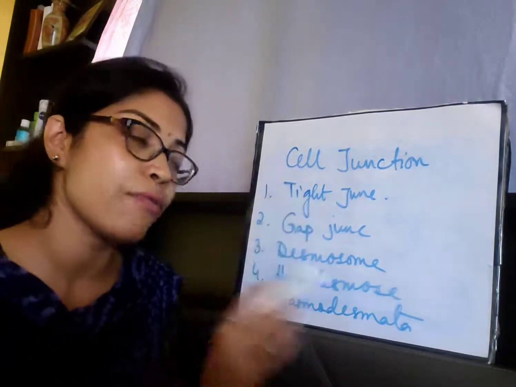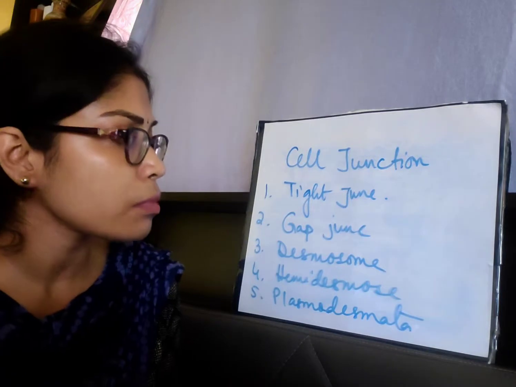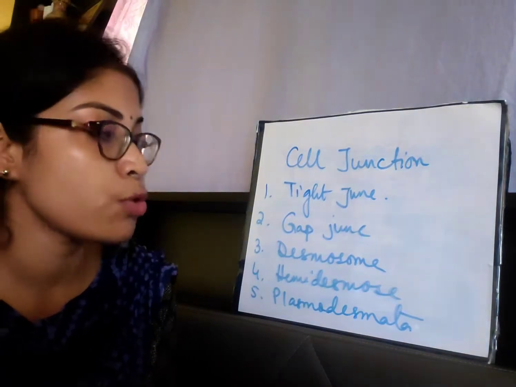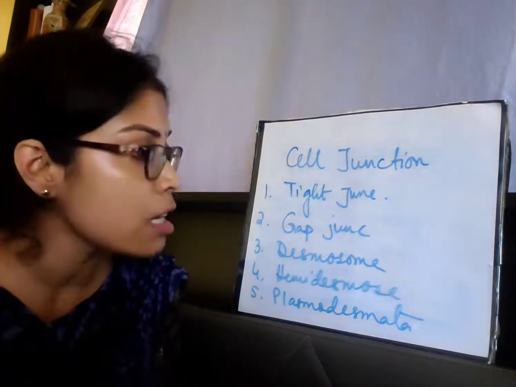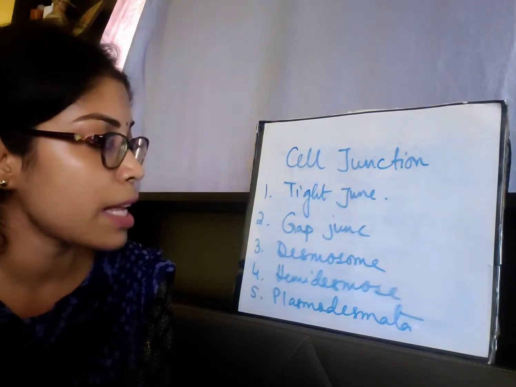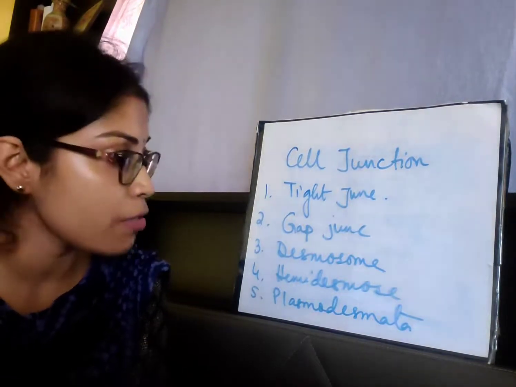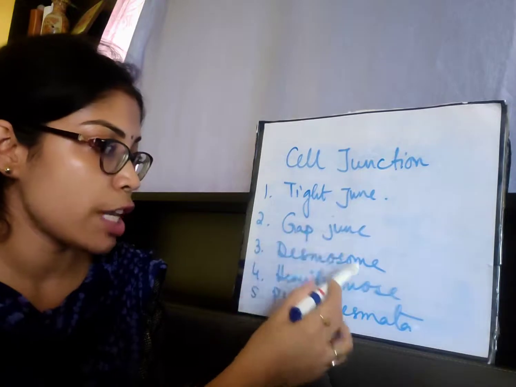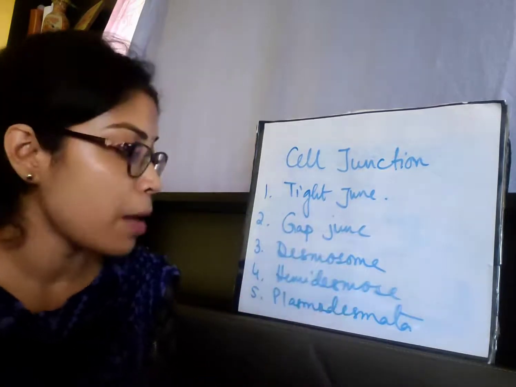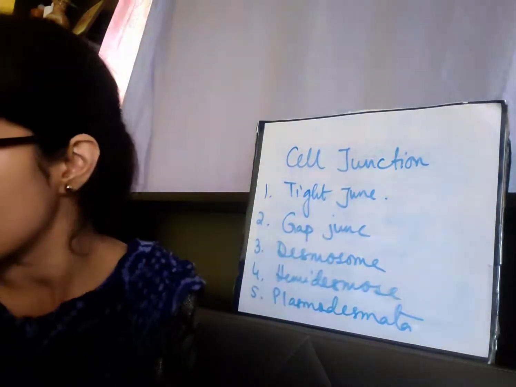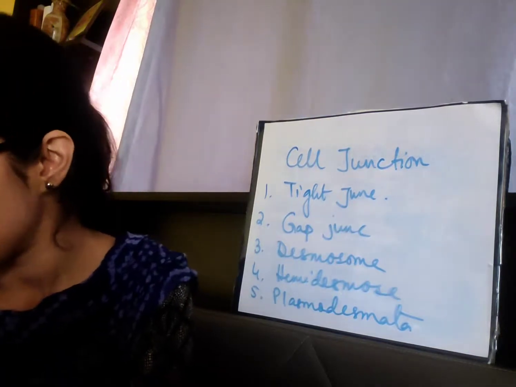So basically it is same for all other types of cell junction. You don't have to learn in details about these cell junctions, just learn the names of these: tight junction, gap junction, desmosome, hemidesmosome and plasmodesmata. Now we can start with cell wall.